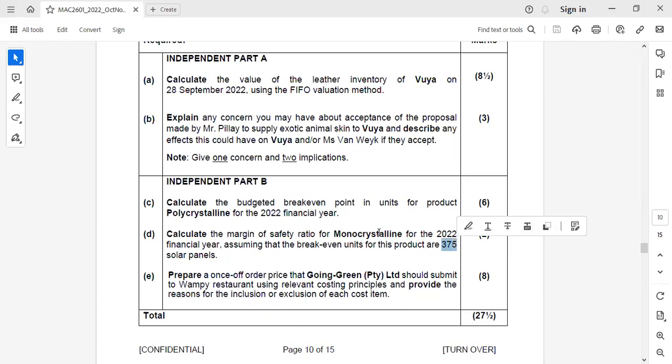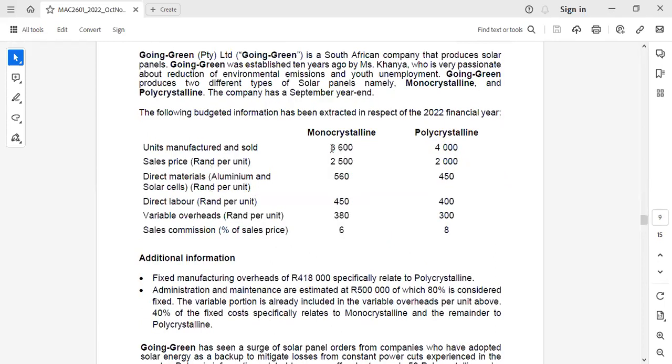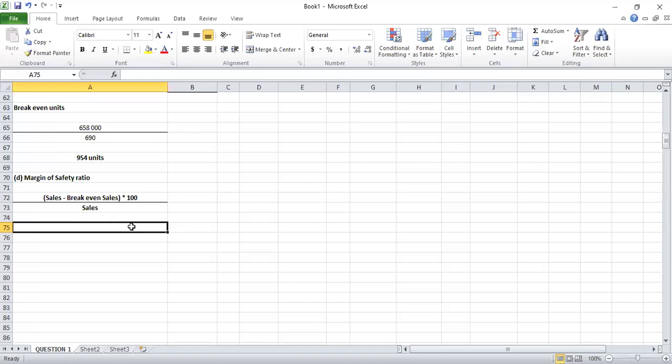Remember, we're dealing with monocrystalline. So it's 375, and the sales of monocrystalline is 3600. So we'd say 3600 minus 375, multiplied by 100, over 3600.